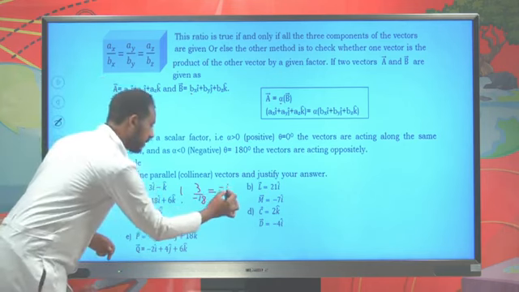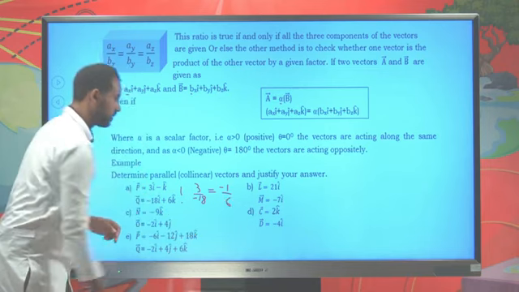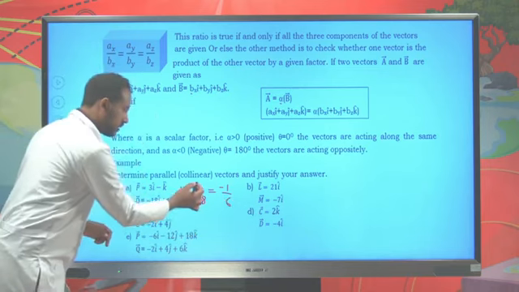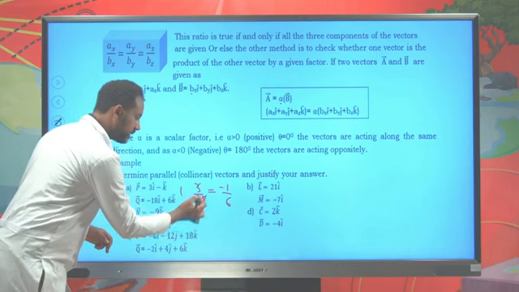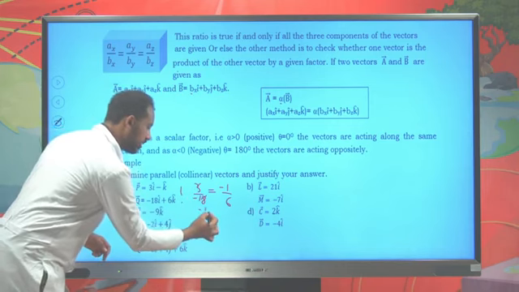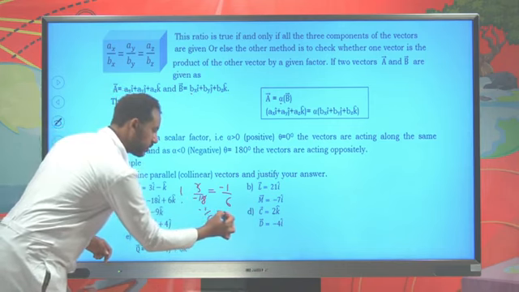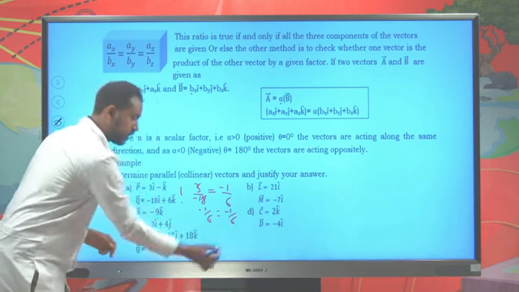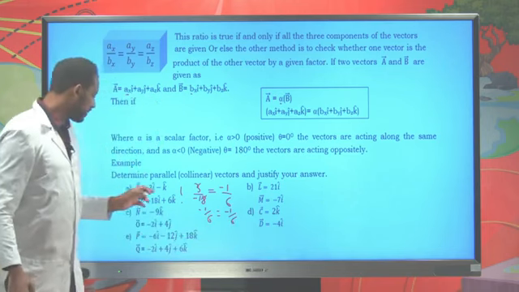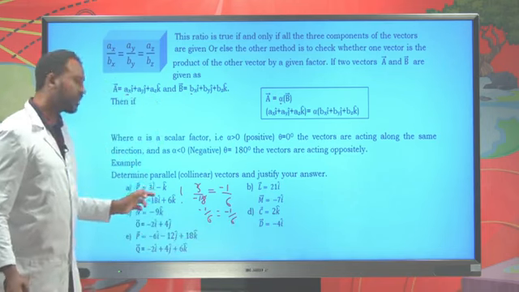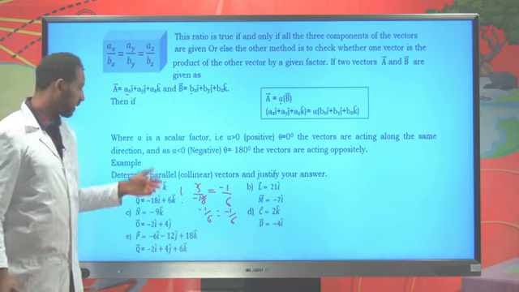Negative 1 over 6, negative 1 over 6. When you simplify this, negative 1 over 6 equals negative 1 over 6. They are equal. If this is equal, it's possible to say that these two vectors are parallel vectors.